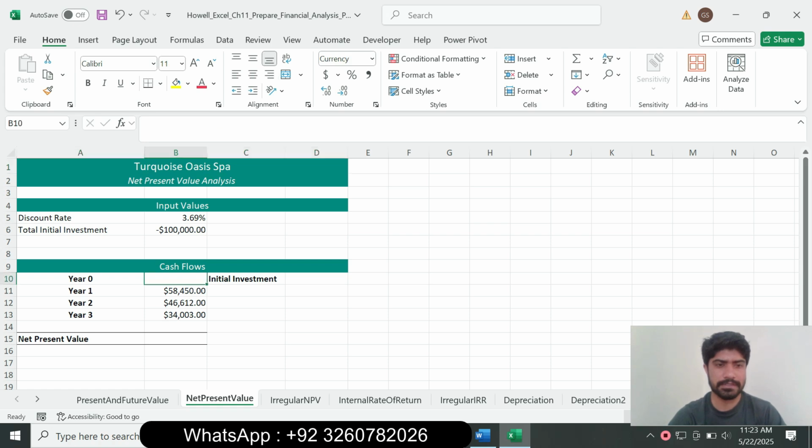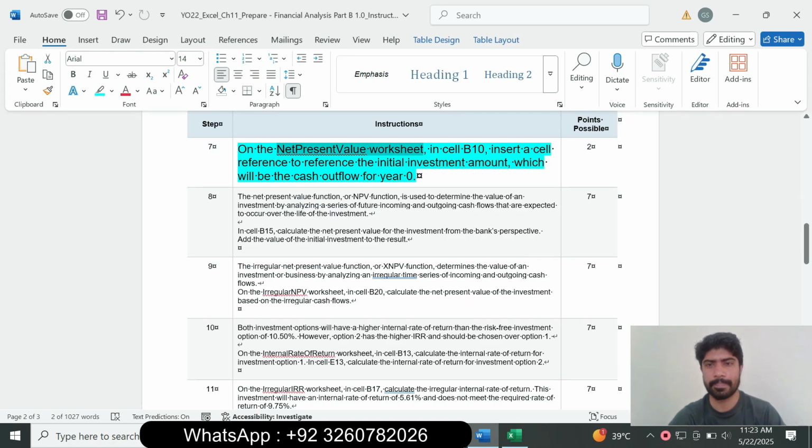select the cell B10 and insert the cell reference to reference the initial investment amount, which will be the cash outflow for year 0.